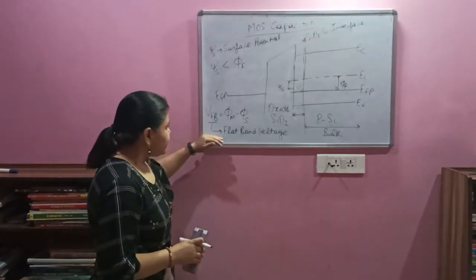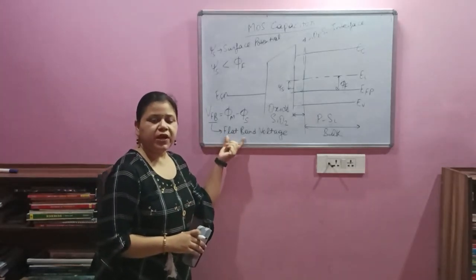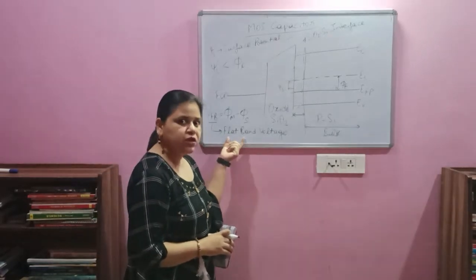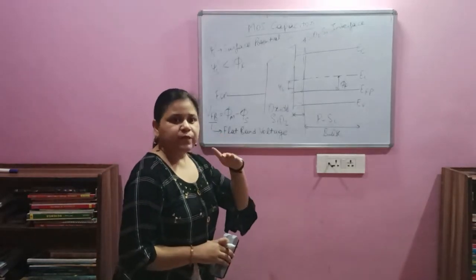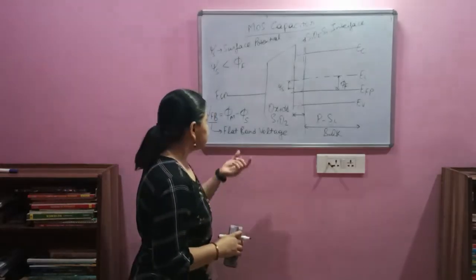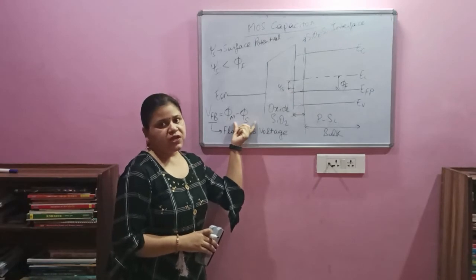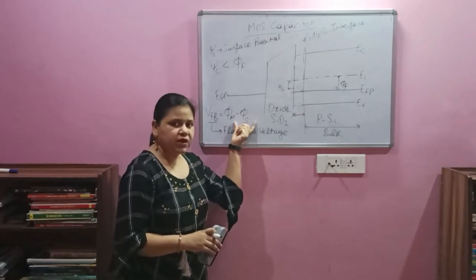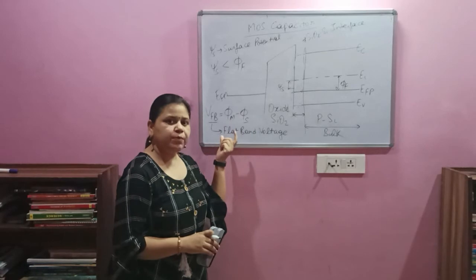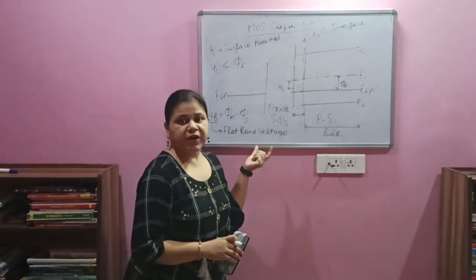Now if I talk of a flat band voltage, which is essential to have flat bands when we are starting the operation for the MOS structure, this is not the only component affecting it. There is something else, very important, which is again affecting the bending of the bands, and which will contribute to the flat band voltage.